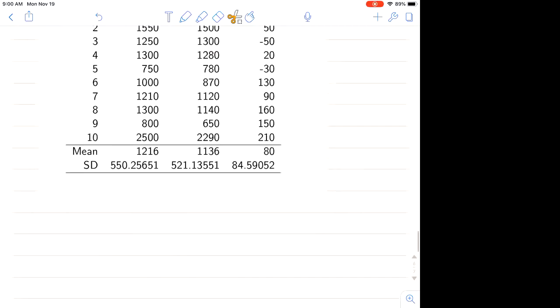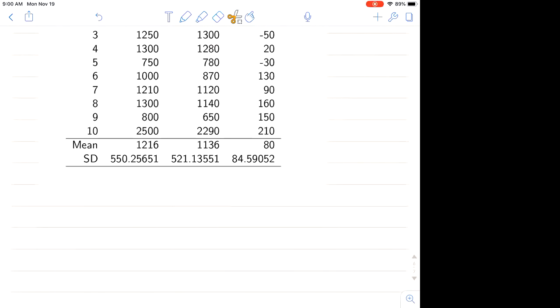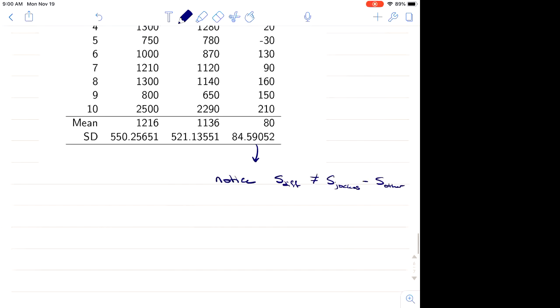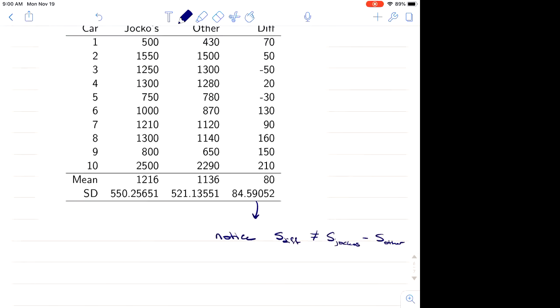So notice that S of the differences is not the same as S of Jocko's minus S of the other garage. And that's just because the standard deviation is telling us the spread of the differences.